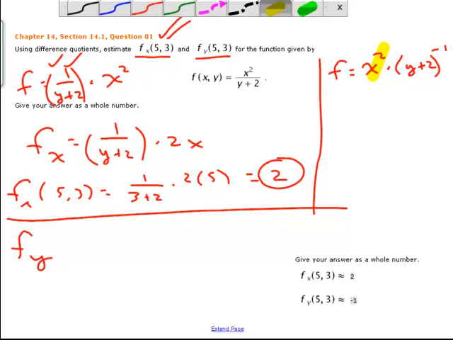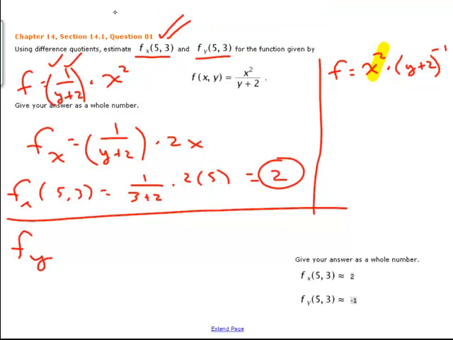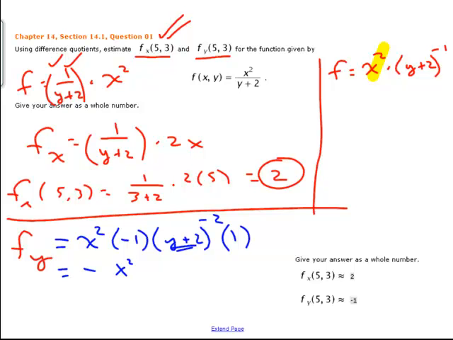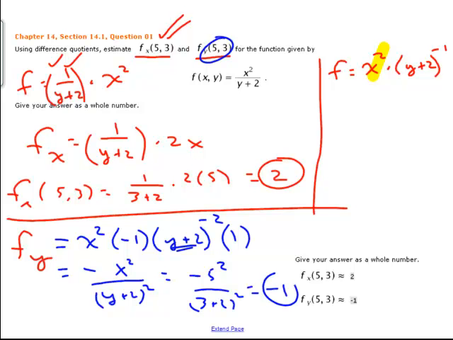So the partial derivative with respect to y would be x squared times negative 1 times y plus 2 to the negative 2 times the derivative of the inside, which is just 1. So this equals negative x squared over y plus 2 squared. And then if I plug in the points 5, 3, we have negative 5 squared over 3 plus 2 squared, which equals negative 1.